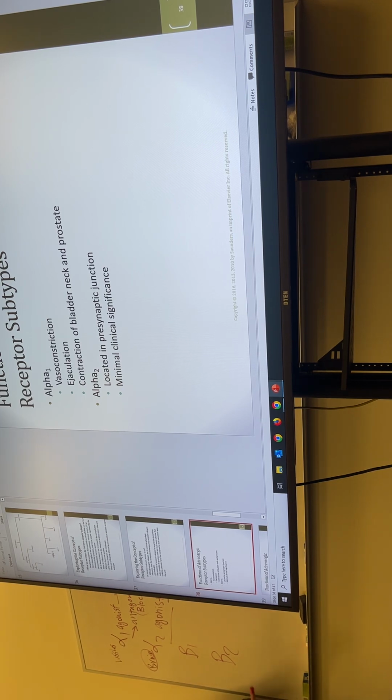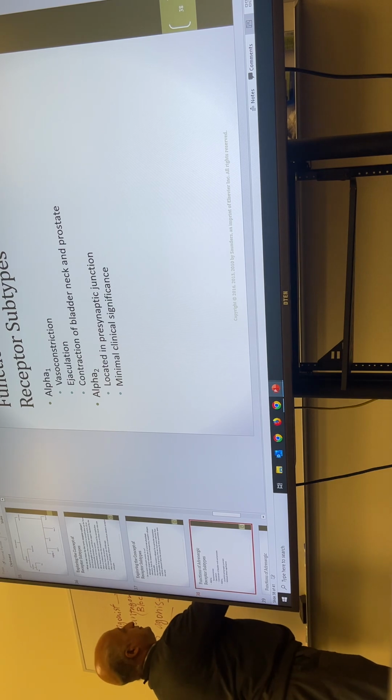So again, this is another example of agonists that slow down because they are inhibitory receptors. Alpha 2 agonists decrease the amount of norepinephrine, right? Make sense? And if we decrease the norepinephrine, what's going to happen?